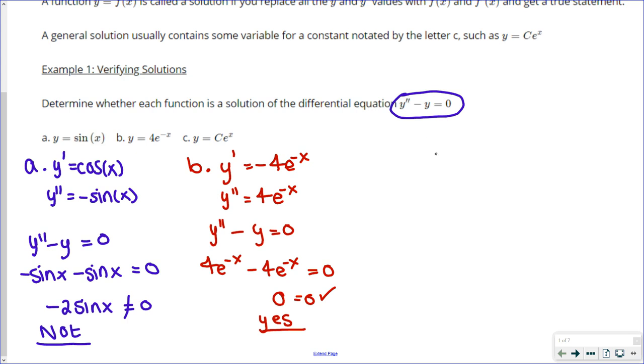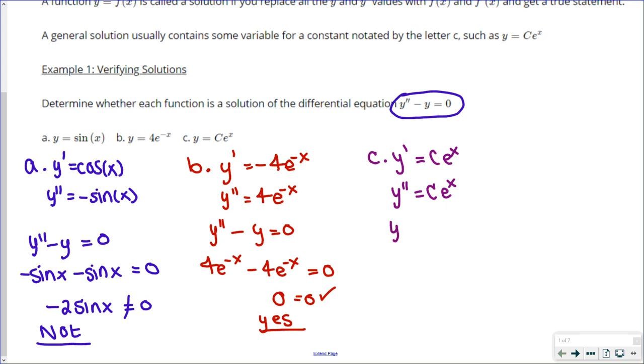Moving on to letter C, y equals c e to the x. For the derivative of c e to the x, c is just a number, a placeholder for a number. So the derivative of e to the x is just e to the x, and y prime is c e to the x. The second derivative is the exact same thing, c e to the x.